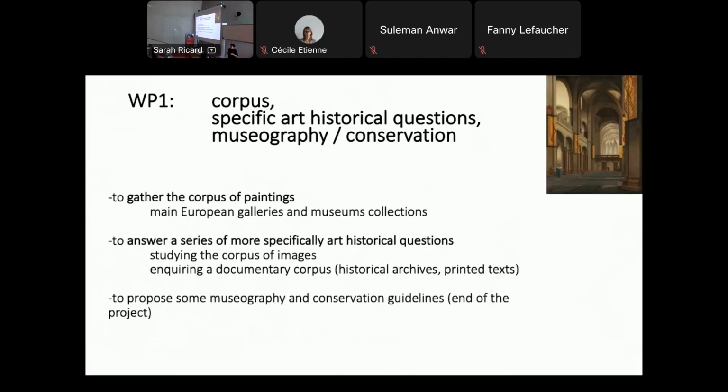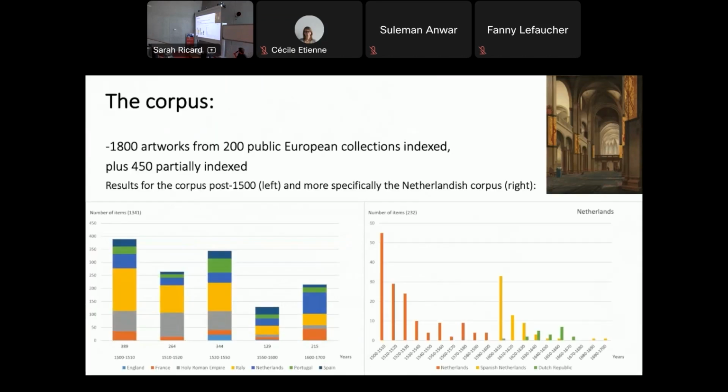So it's essentially about learning to distinguish gold from imitation by pigments and other metals that we use to imitate gold. So the first working package is about mostly building this corpus of painting and also questioning it in different approaches. And so far we have gathered around 2,000 artworks, which also helps to see that we cannot properly analyze in a physical manner or in an optical manner each of these artworks.